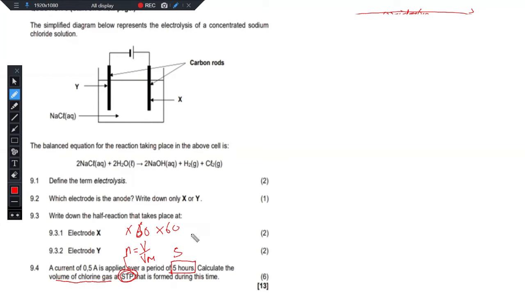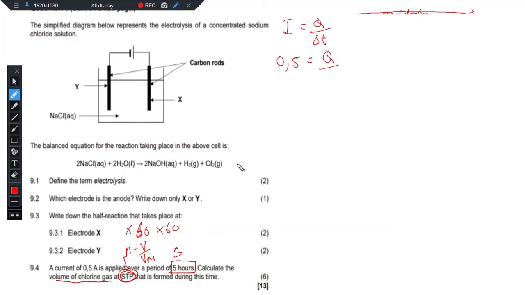Now, this is a reverse calculation, of course, because most of the time we are used to calculating the current. Right now we are given the current and we should calculate the volume, meaning we should work this question backwards, by saying that we know that our current is Q over Δt. The first thing that we are going to calculate is our charge. We are given our current 0.5, and our time 5 hours.